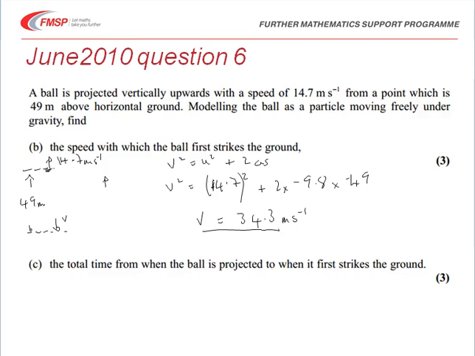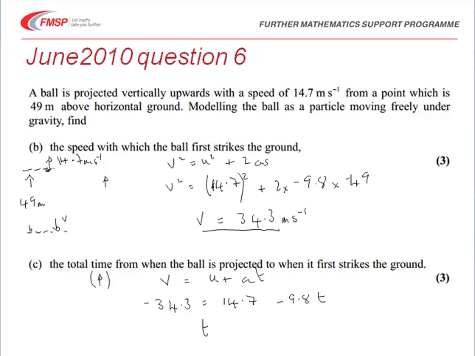In part C, we can do a similar thing using equations of motion. This time, if we know v, so if we use v equals u plus at, we can say that the speed that we found in part B of the question, minus 34.3, taking the initial direction upwards, is equal to the initial upward speed, which is 14.7, minus 9.8 times t.